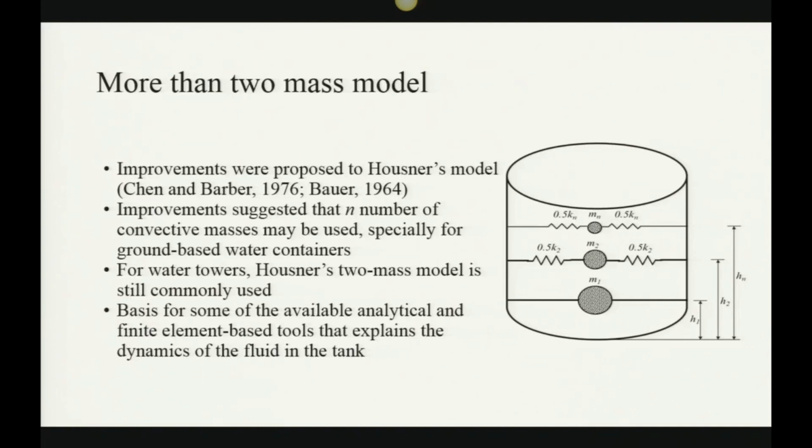So more on that. For tanks that are put on the ground, some people tried to improve Housner's model and said that an infinite number of masses can be used to help represent the water, but it can be done Housner's way for elevated towers, and that's normally pretty okay.